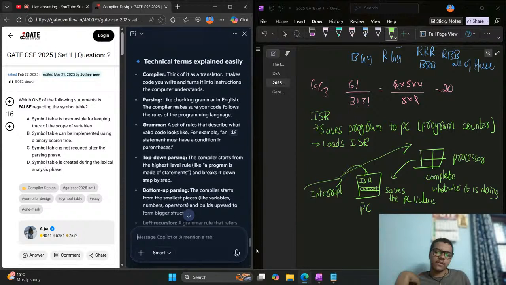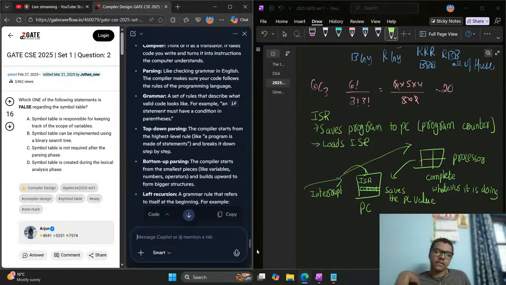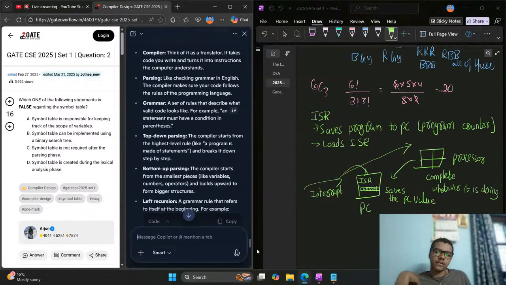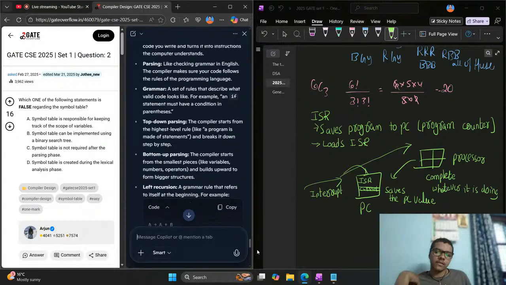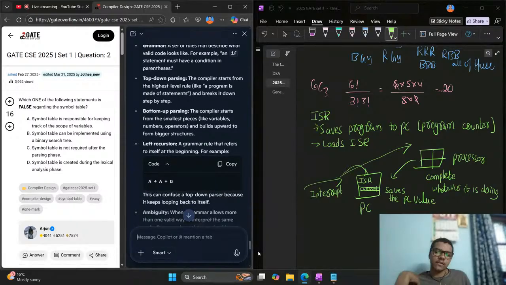The top-down parsing. Bottom-up parsing. Left recursion, a grammar rule that refers to itself at the beginning. Alright.